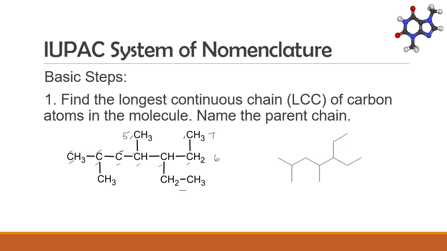If we go 1, 2, 3, 4, 5, 6, 7, that gives us 7. So we have 2 possible LCCs. Either one of them is correct because, as you will see later, they have the same substituents. So a 7-carbon alkane is called heptane.